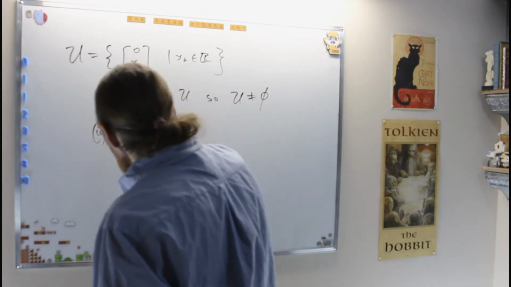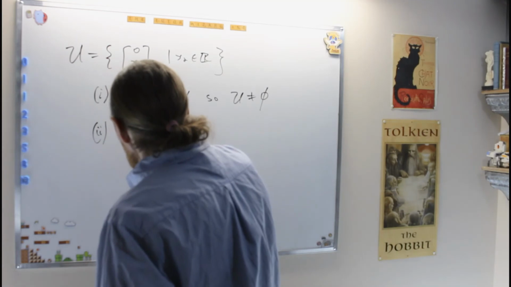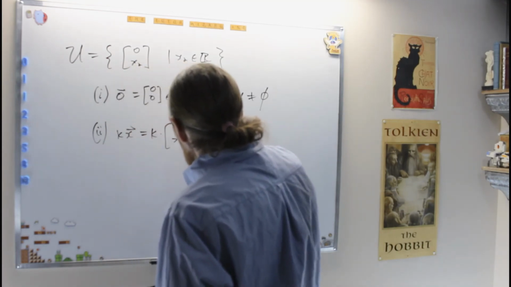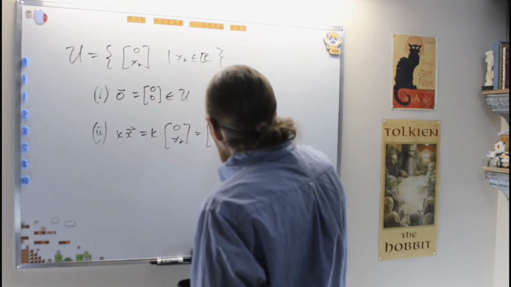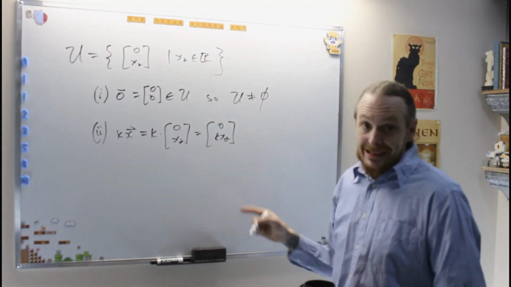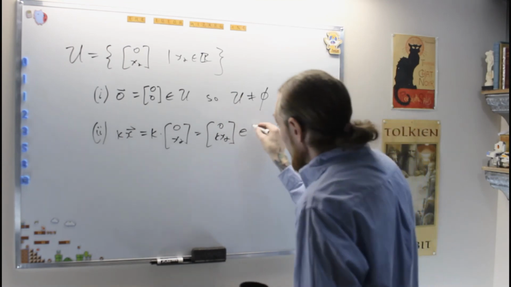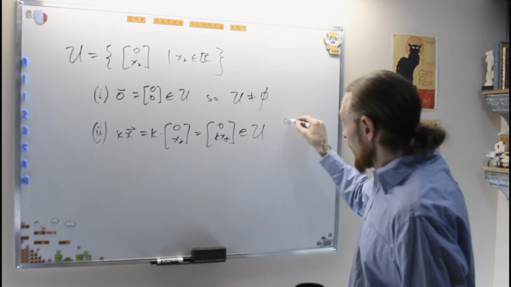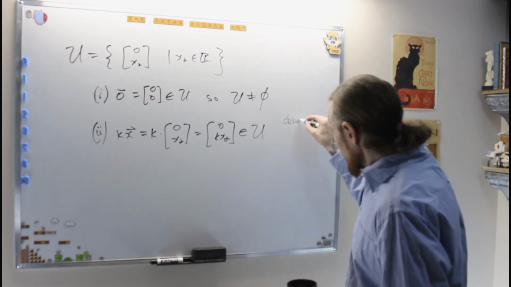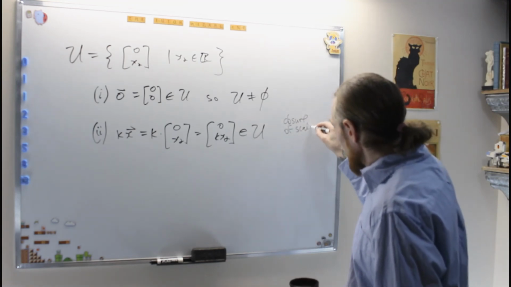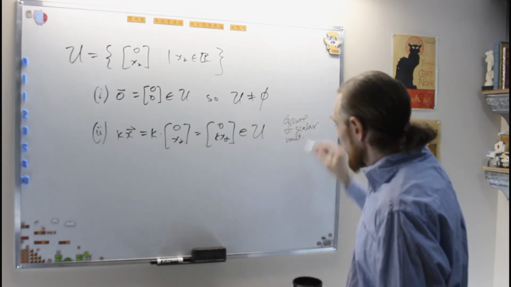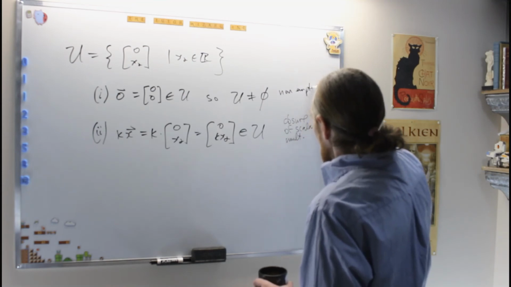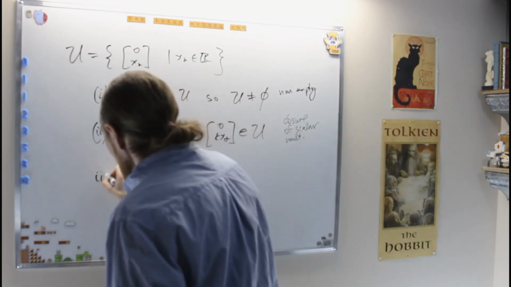Second, k times x, if it's in there, is k times (0, x2), which is (0, kx2), which looks awfully cattish again, so it's in U again. So it's closed under scalar multiplication. And this is non-empty. And third, I need closure of addition.